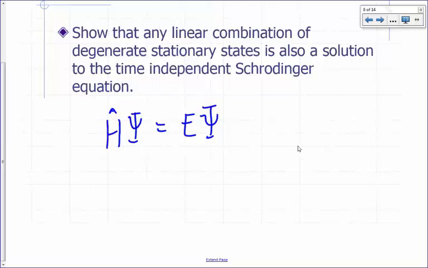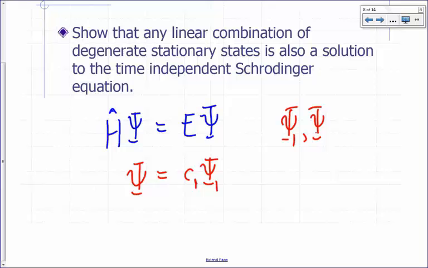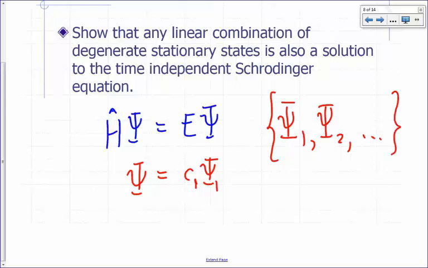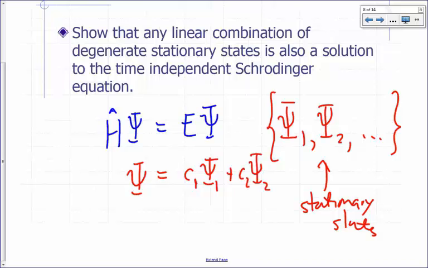So let's say, suppose our psi is a combination of psi 1, psi 2, and so on, which are the stationary states. Okay, so let this be your stationary states. Then C1 psi 1 plus C2 psi 2 and so on would be a linear combination of your stationary states, right? So what are we trying to prove here?